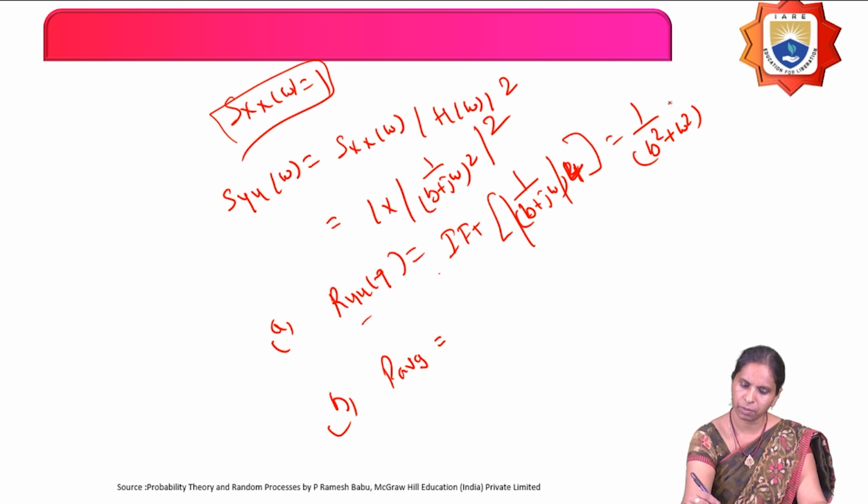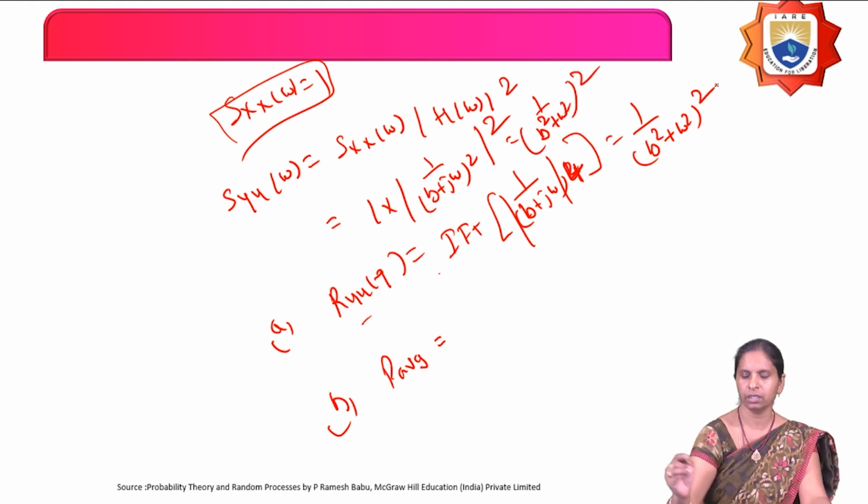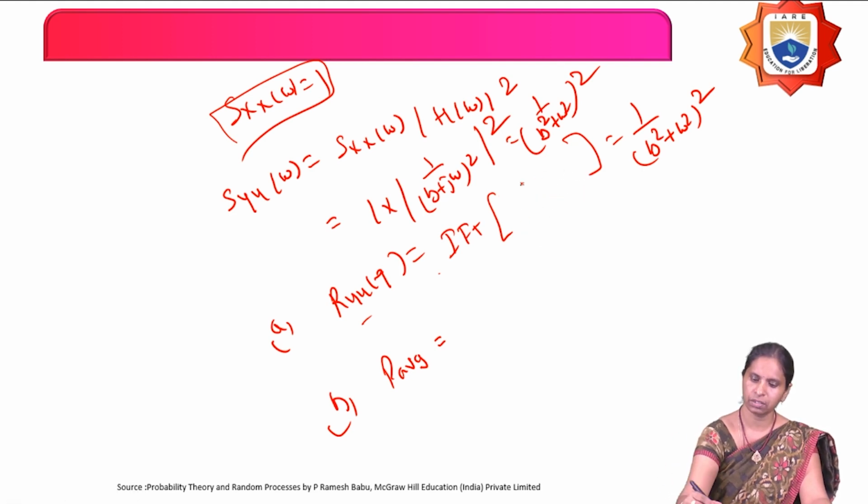So what is mod of 1 by (b plus j omega)? 1 by (b square plus omega square) whole square. So here what can I obtain? Inverse Fourier transform of 1 by (b square plus omega square) whole square.